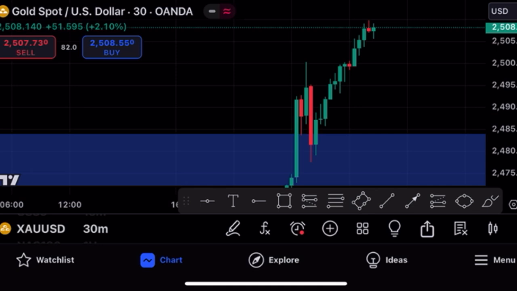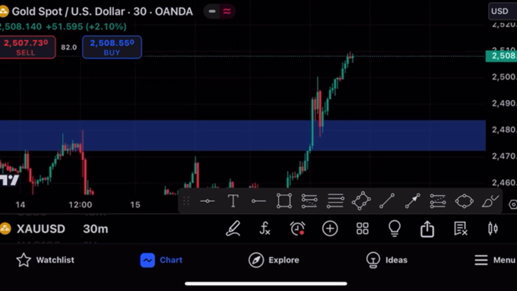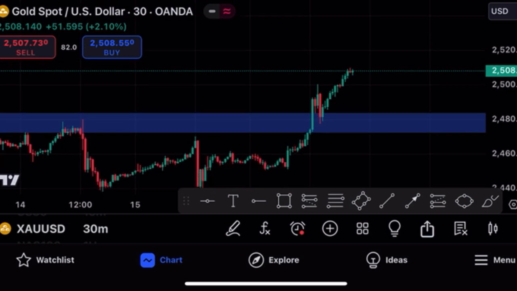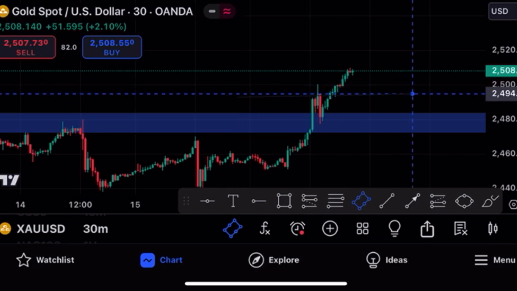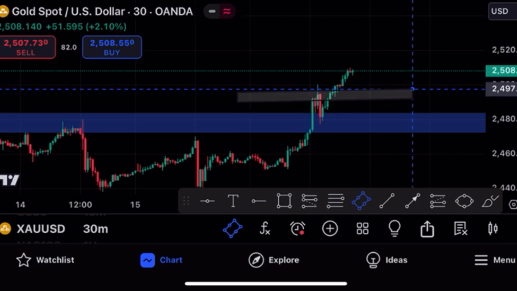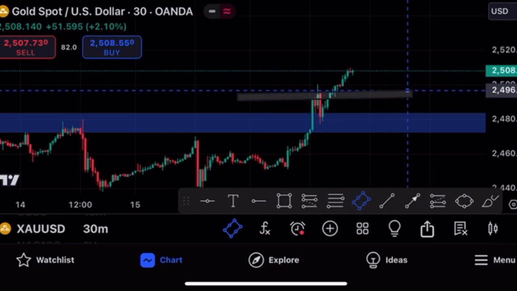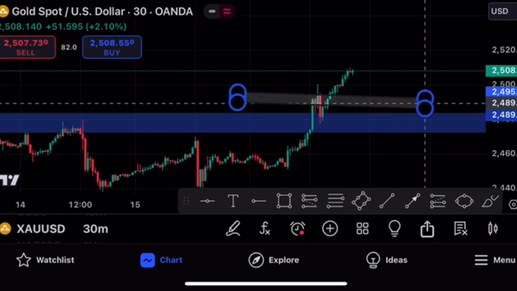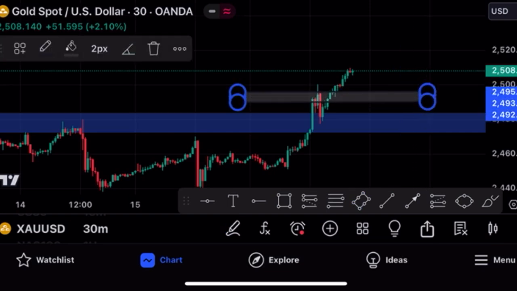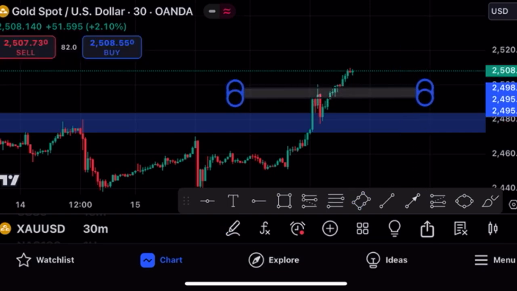So I would put this as a minor level, because this is a level within the market that I see prices came to. It's not the main level, because the main level was already retested at 24.80.